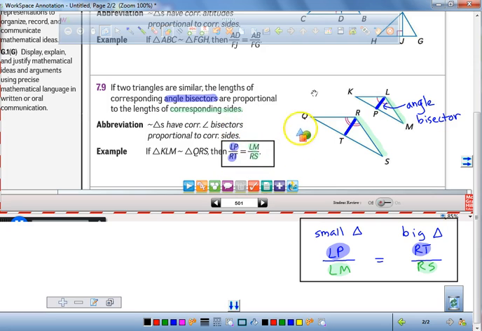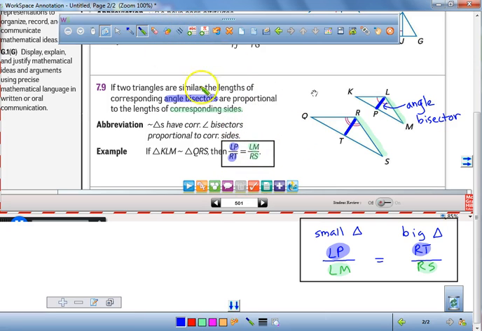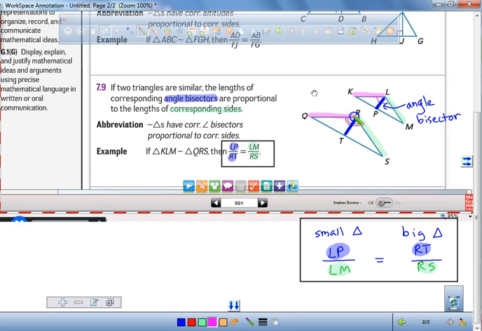All right. So just because we are using these sides to compare, these are not the only two sides you can compare. You could also compare KL to QR, and you could also compare, if you wanted to, the distance from K to M, which is this distance, all the way to Q to S. So you could also use those other two sides if you have the angle bisector.